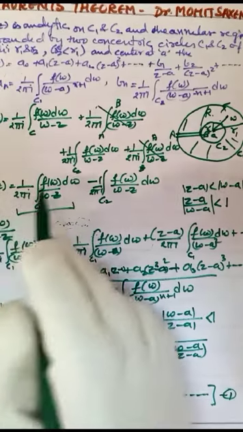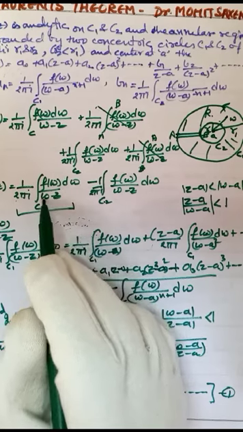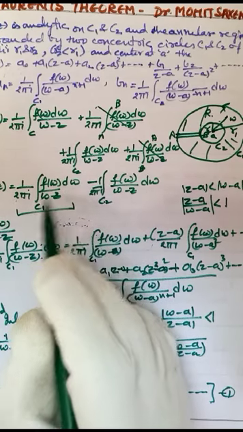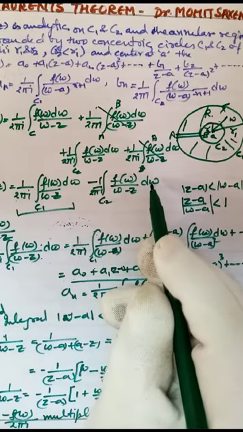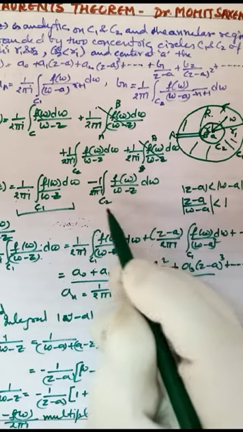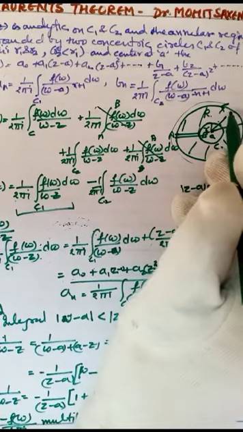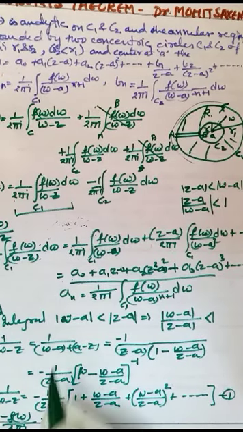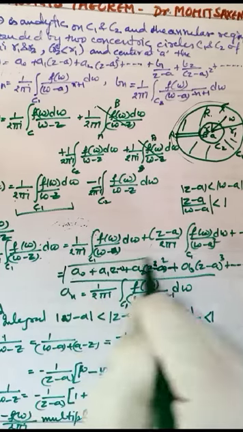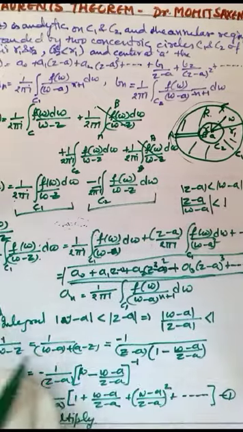f(z) was equal to 1 upon 2 pi i f(w) upon w minus z dw over C1, plus the corresponding integral of f(w) upon w minus z dw over C2. For C1, we just consider the whole circle, apply Taylor's theorem, and we would get the result as simple as this. And for this C2, we just obtained the value equal to this.